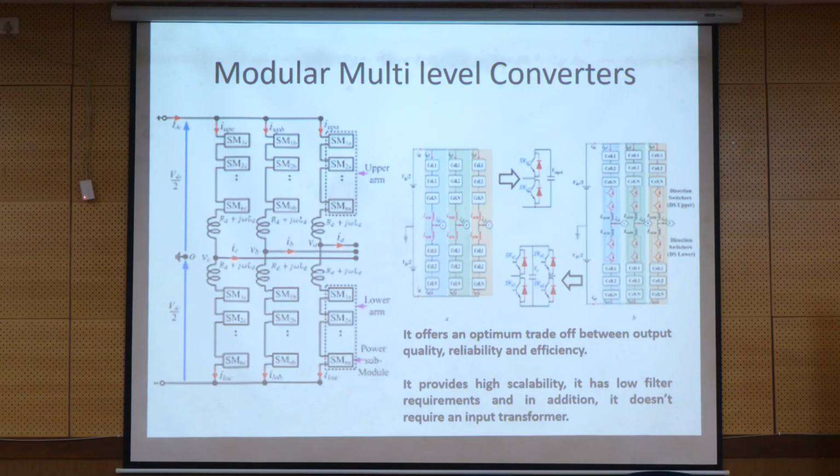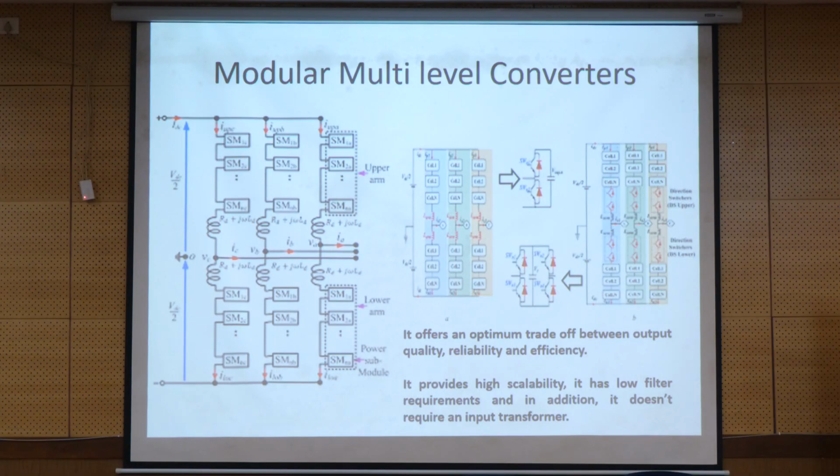To increase the number of levels, we use the submodules SM1, SM2 and SM3 up to SMN. The first leg is associated with the first phase: phase A, phase B and phase C.